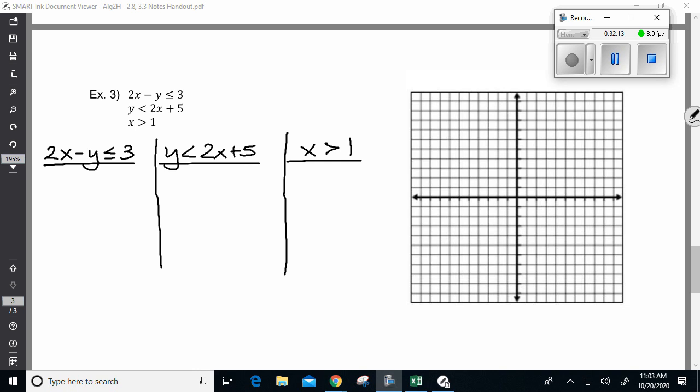So 2x minus y less than or equal to 3. You have to get into slope-intercept form. So negative y less than or equal to negative 2x plus 3. So y is greater than or equal to 2x minus 3. The y-intercept is negative 3, up to right 1.